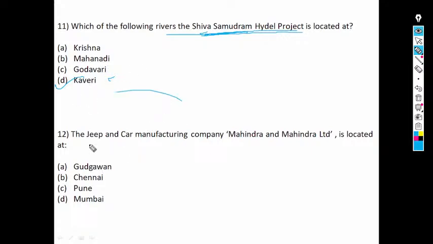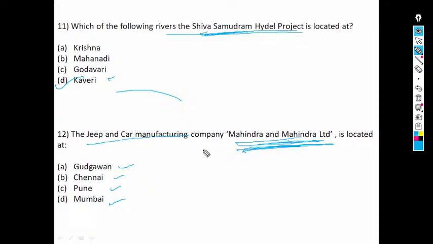The jeep and car manufacturing company Mahindra and Mahindra Limited is located at Gurgaon, Chennai, Pune, or Mumbai. Where is it located?